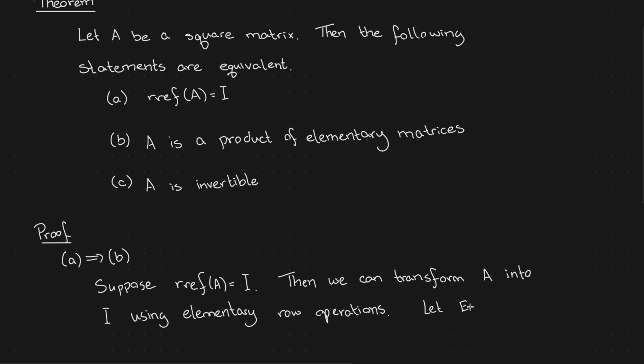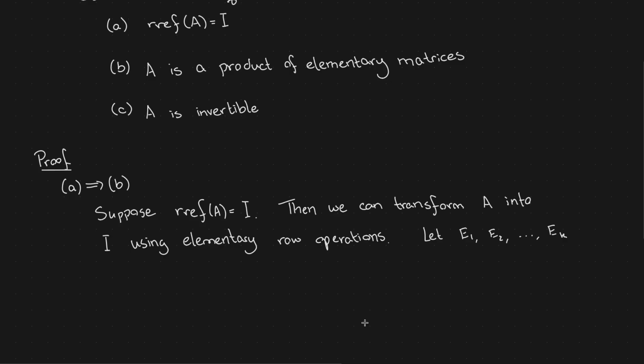Let E1, E2, all the way to EK be the elementary matrices corresponding to those elementary row operations.